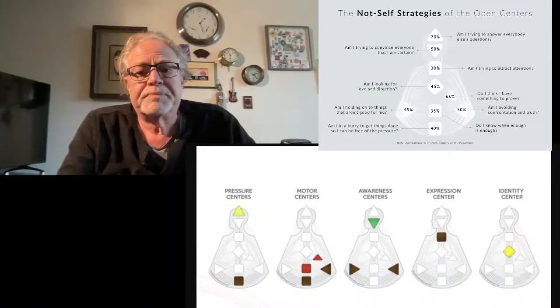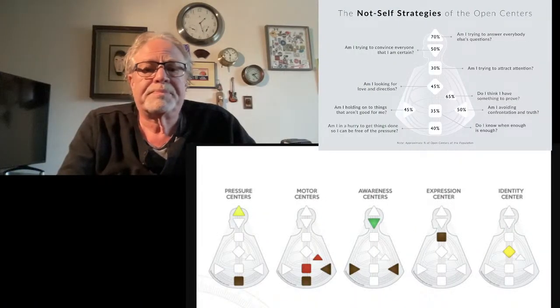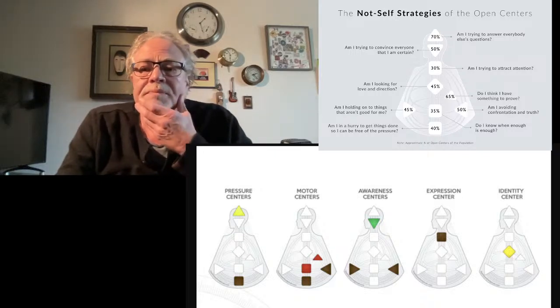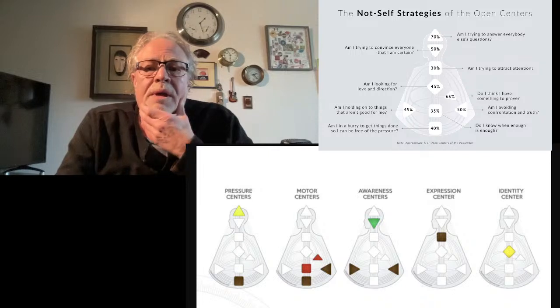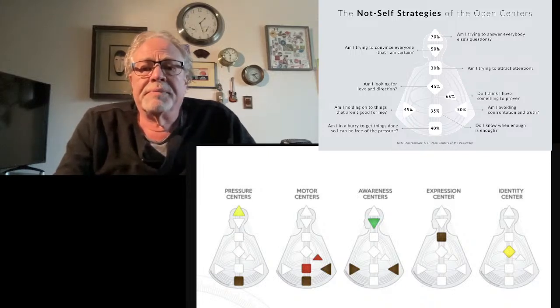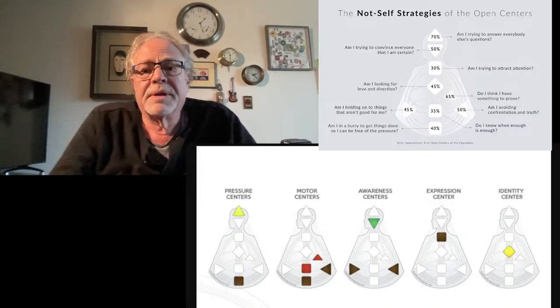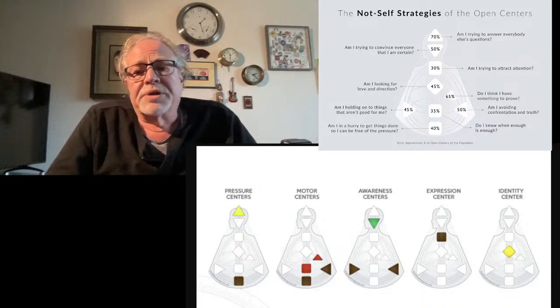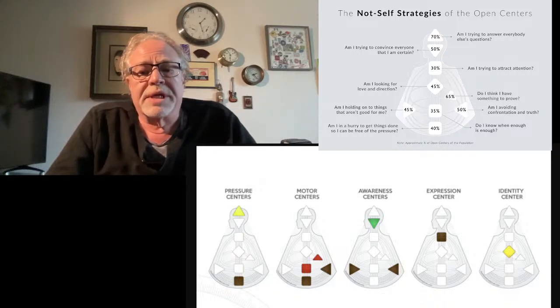And again, it's even more important to actually realize and be aware of the not self of those 9 centers. So let's take a little trip around the body graph. As you can see, I've got the not self on the top there, and on the bottom right, the 9 centers.